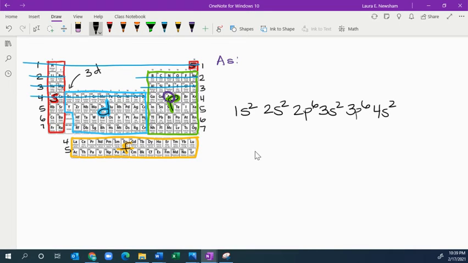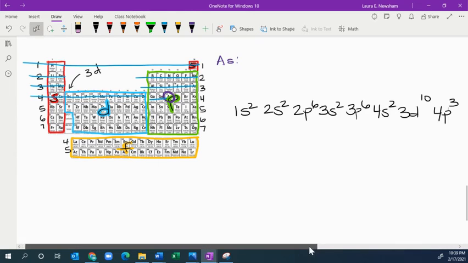So that's going to be 3d10. And then come back up. 4p3. Oh, is it undo? Undo. There we go. Sorry about that. 4p3. Okay, so let's do that orbital notation.